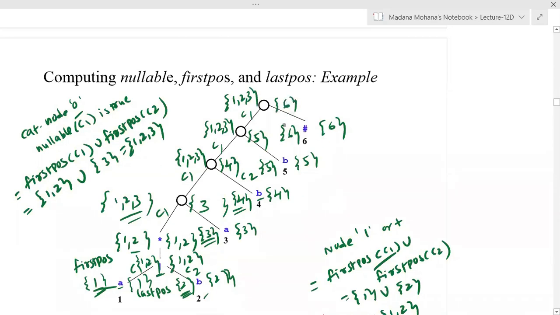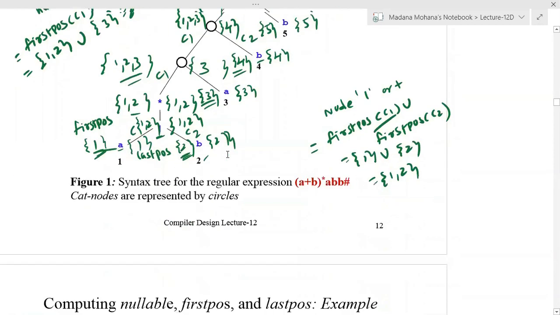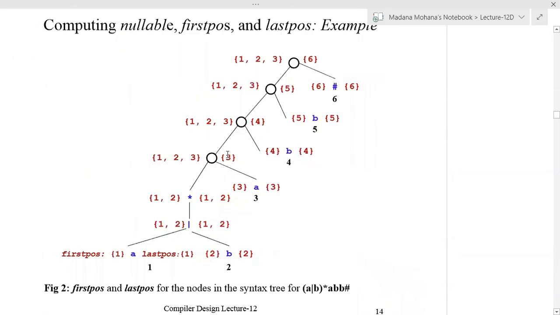Now here you can see for all nodes, the first position and last position values are calculated and labeled. Now with this, we can proceed to the calculation of follow position values. The same is represented here clearly.